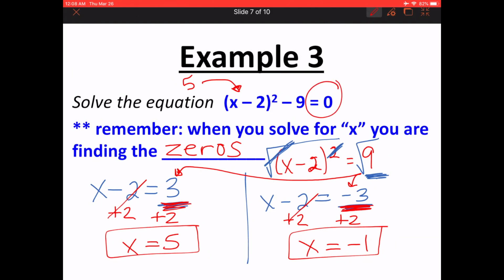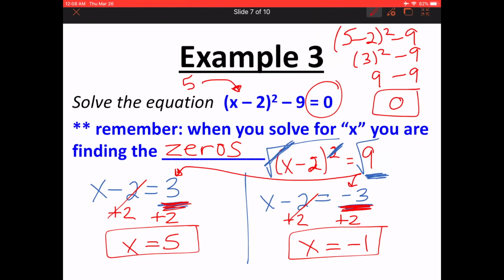So let's test that out here really quickly. 5 minus 2 squared minus 9. 5 minus 2 is 3. So I have 3 squared minus 9, 9 minus 9, and that does give me 0. Okay, guys, so keep that in mind whenever we're solving equations. You can always check your work by plugging it back in.